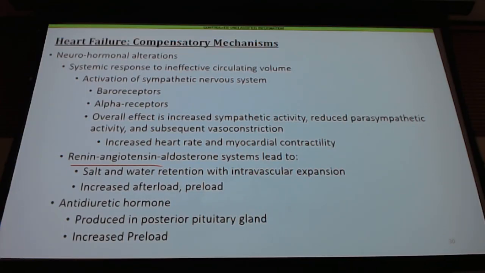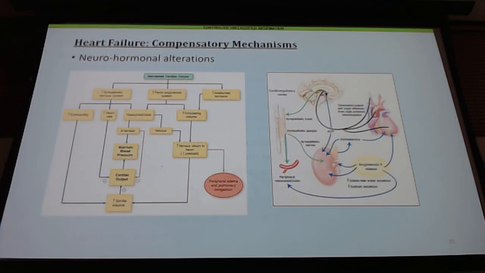Other hormonal responses, the antidiuretic hormone produced by the pituitary gland, that causes the kidneys to reabsorb extra water, and that can increase the preload, which increases the volume overload and everything like that.